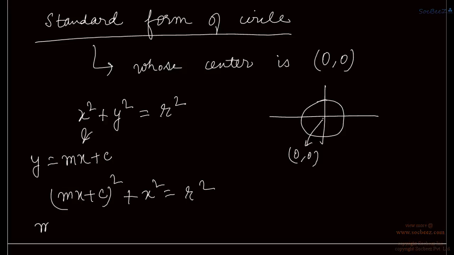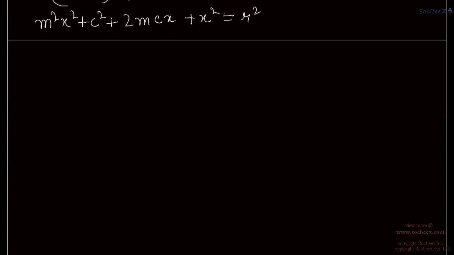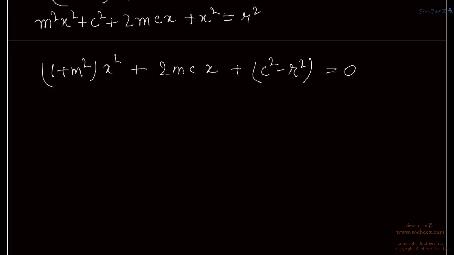So if we expand this, we will be getting m square x square plus c square plus 2mcx, okay, plus x square is equal to r square. Or we have (1 plus m square) x square plus 2mcx plus c square minus r square is equal to 0. Okay. So clearly this is a quadratic equation.